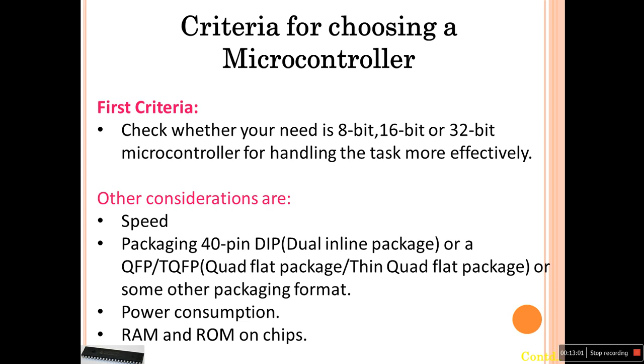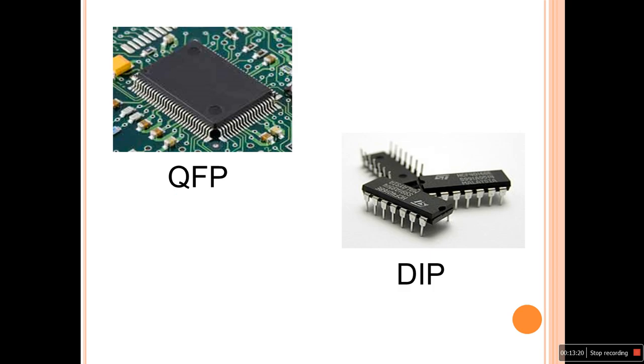Then packaging comes into play, whether we have DIP or QFP or TQFP, which type of packaging we can adopt, how much power is required for our system, and how much RAM and ROM should be on the chip.